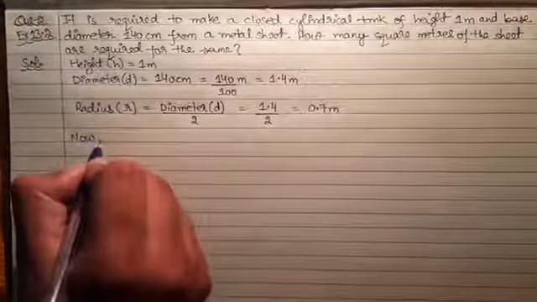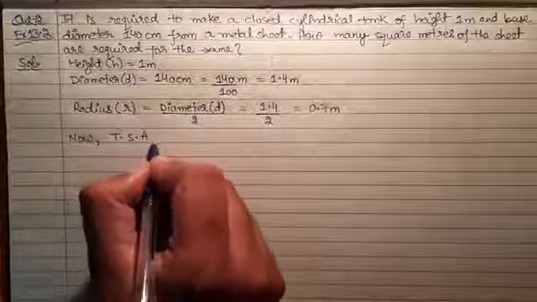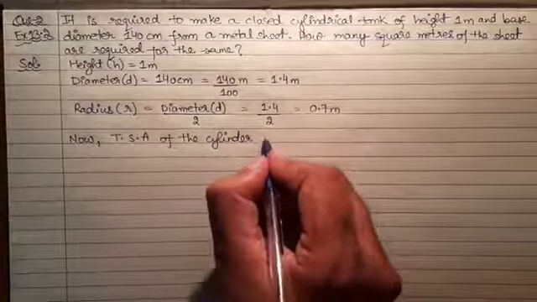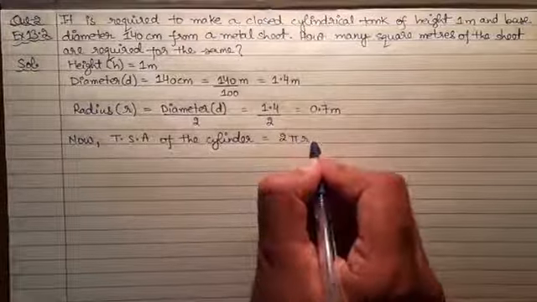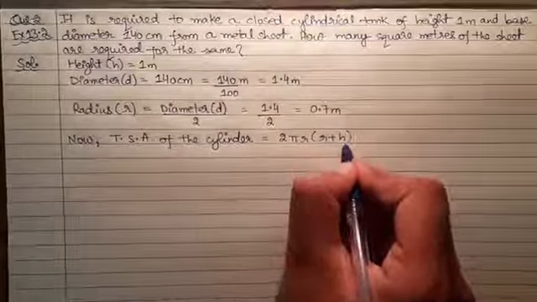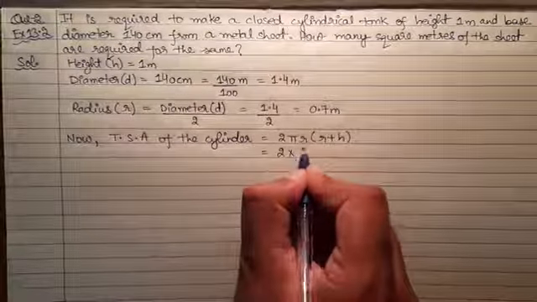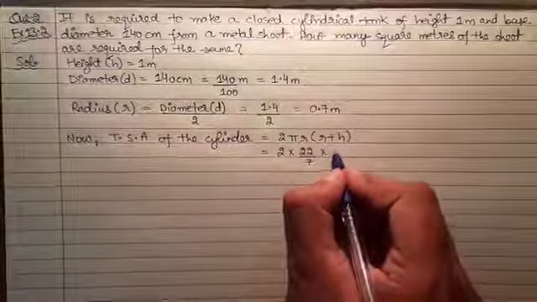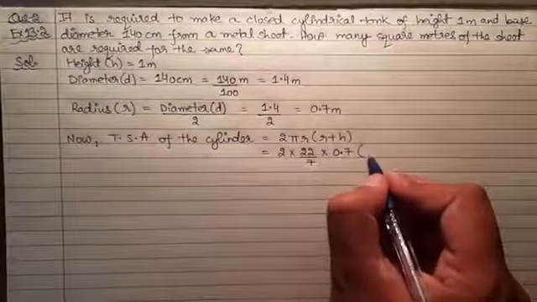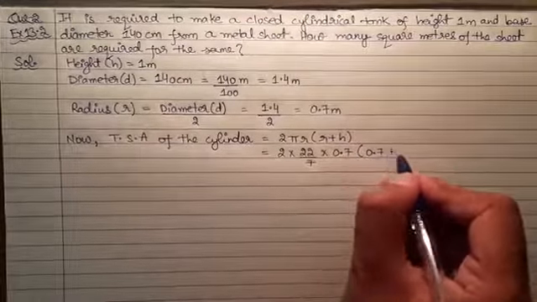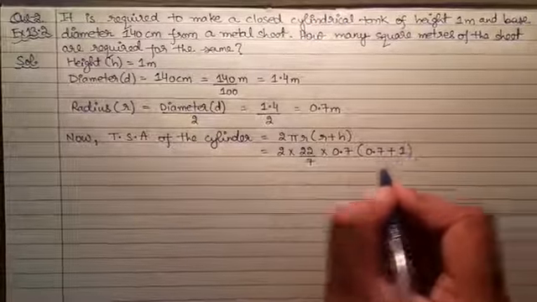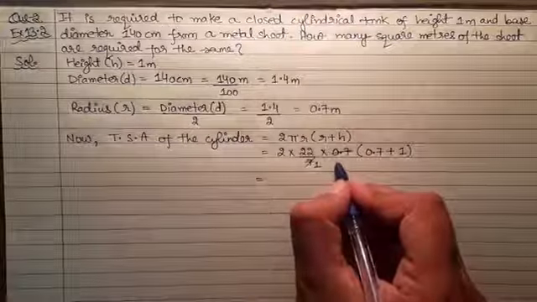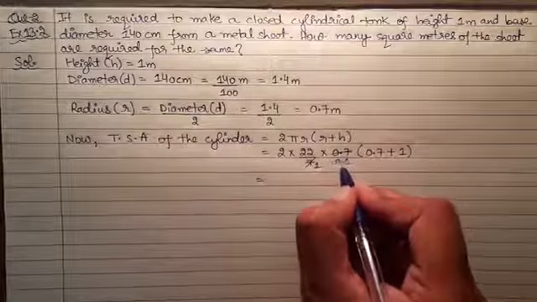Now total surface area of the cylinder is equal to 2 pi r bracket r plus h. 2 multiply 22 by 7, because the value of pi is 22 by 7, multiply radius 0.7, bracket open, radius 0.7 plus height 1 meter. 7 ones are 7 and 7 0.1s are 0.7.